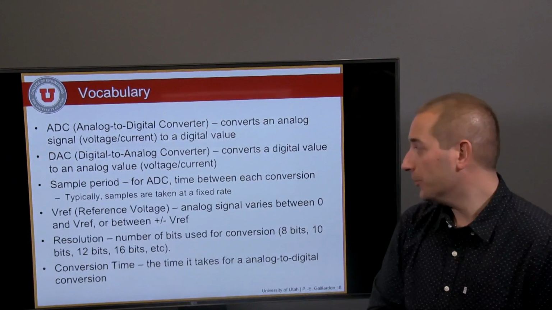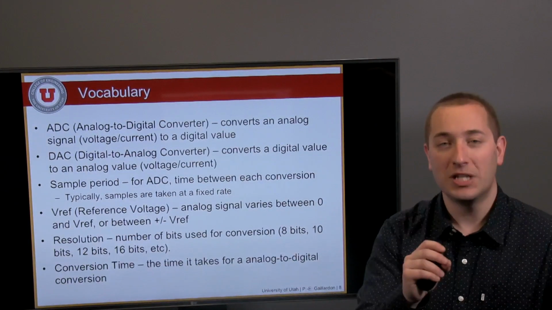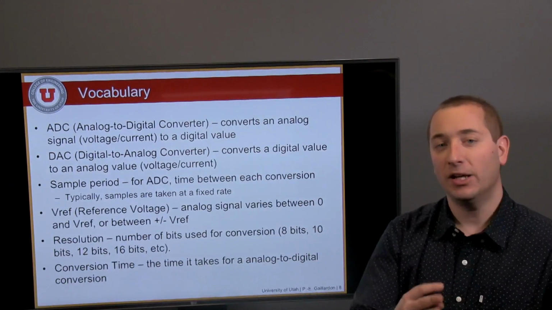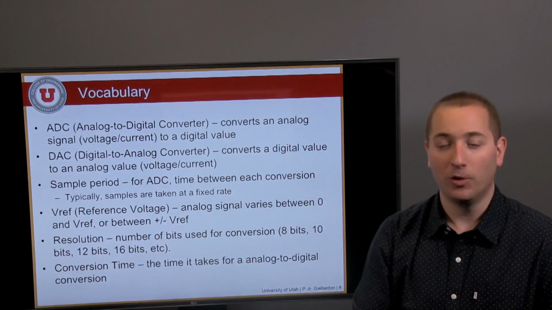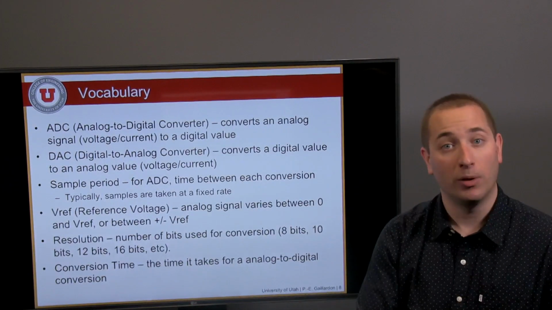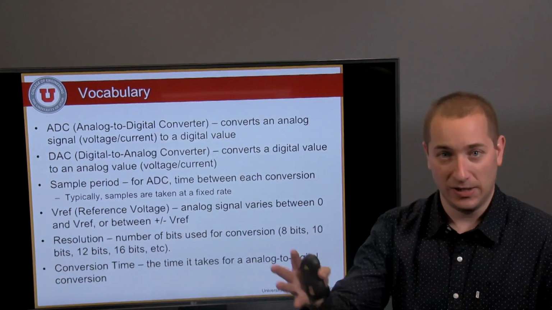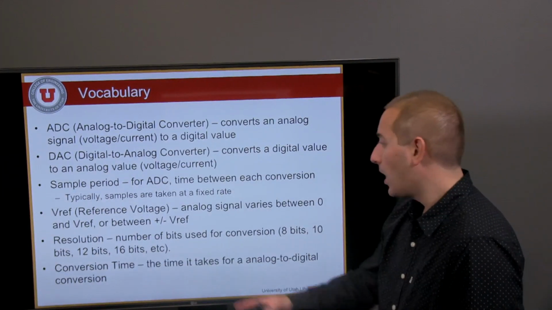The sample period: when you use an ADC, the sample period is the time between each conversion, and typically samples are taken at a fixed rate. This is what you hear as, this is a 1 megasamples per second chip. Samples will be taken at 1 megahertz in that case, and that will be the sample period of your system.